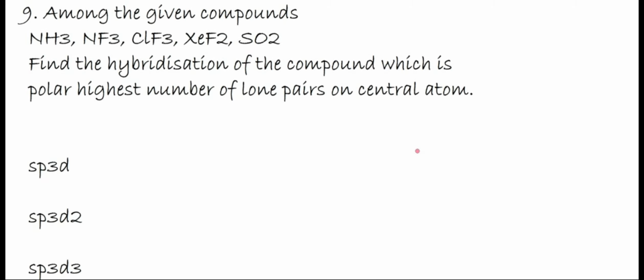Among the given compounds, find the hybridization of the compound which is polar and has the highest number of lone pairs on the central atom. Okay, so what are the compounds they have given? Ammonia, that is having a structure like this. Then NF3, once again.